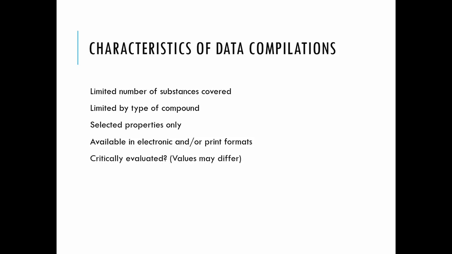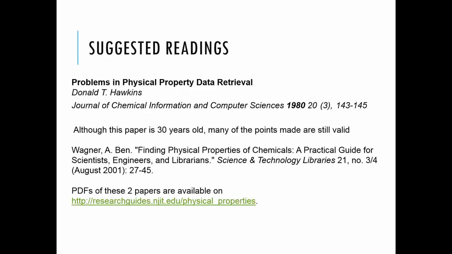And some of the data is critically evaluated. There might be an organization like NIST, which will evaluate the data that's found. And the values may differ. So here are a couple of readings. The first one is over 30 years old, but many of the points are still valid.